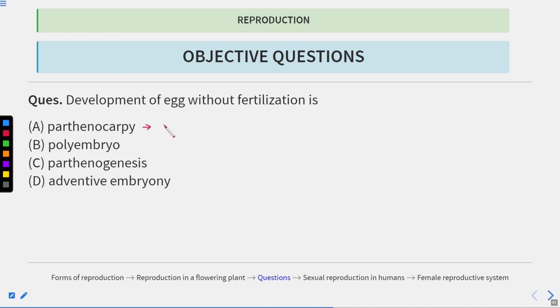Now let's have a look at these terms individually. So parthenocarpy is the development of seedless fruits without fertilization.